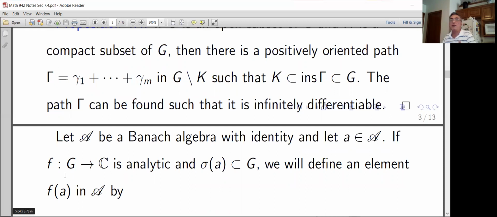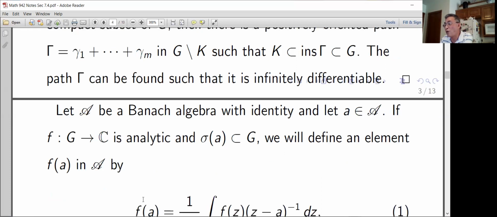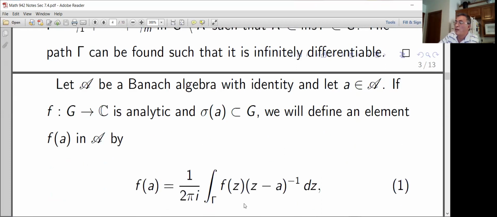So f originally is a function on complex numbers. Now we put this A, this vector, in the slot for the variable. So we want to define this f(A) in script A by the following formula. f of A is equal to 1 over 2 pi i, the integral of f of z times (z minus A) inverse dz.